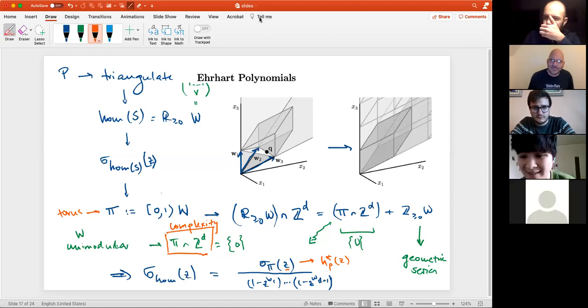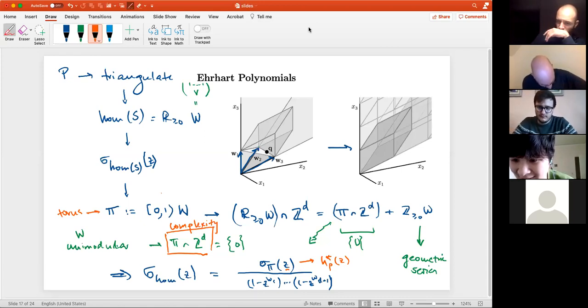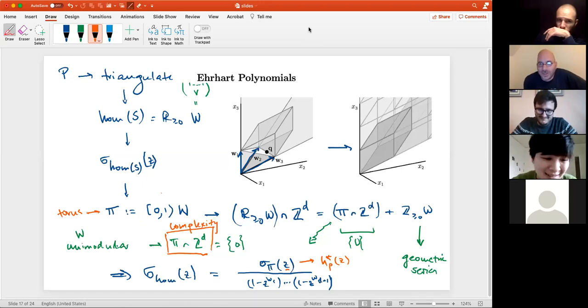There's one more question in the chat. Is it correct to say that every unimodular simplex is the image of the standard simplex under a unimodular matrix plus a translation? That's perfectly correct.